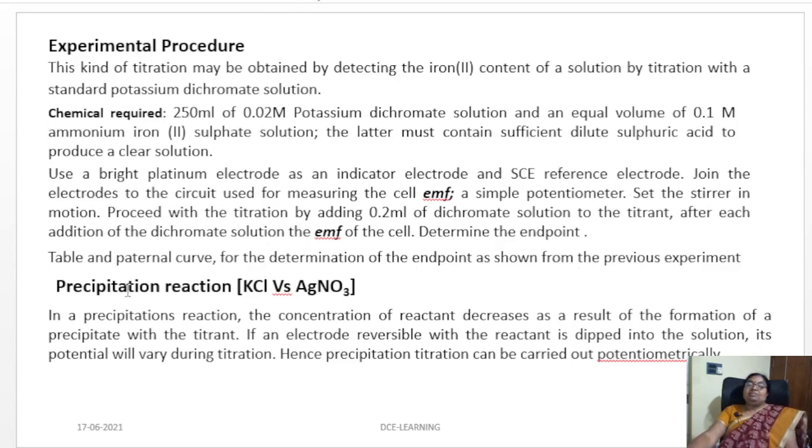Next we go for the precipitation reactions, potassium chloride versus silver nitrate. Here we are also going to use a silver electrode as the indicator electrode. If an electrode reversible with a reactant is dipped into the solution, its potential will vary during the titration. Hence, precipitation titrations can be carried out potentiometrically.